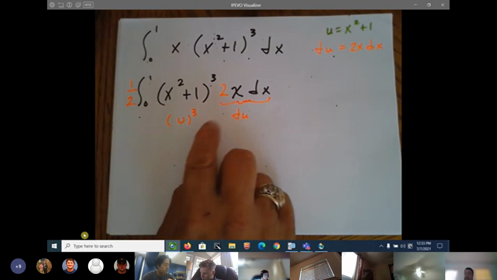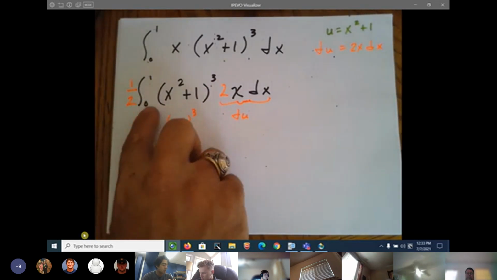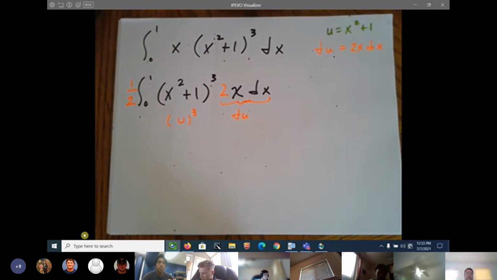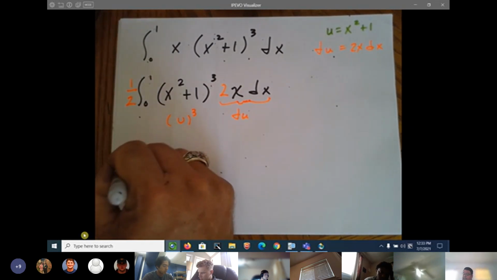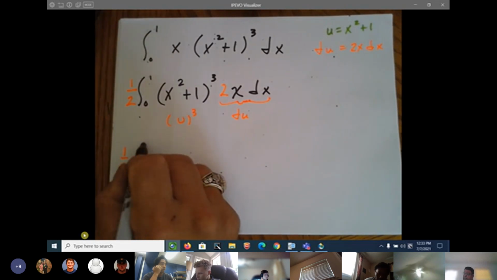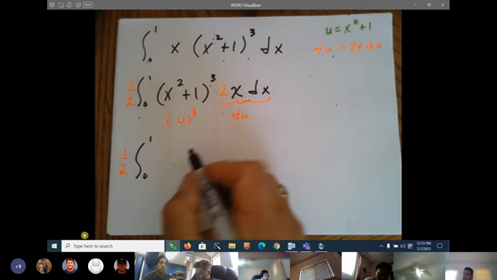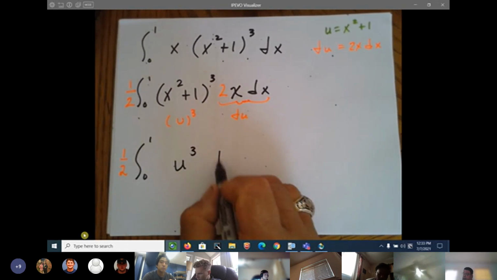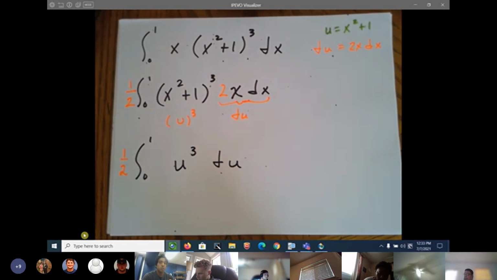I think we've done one like this, but I don't think we had parameters with it. Either way, it's more practice. So 1/2 antiderivative from 0 to 1 of u to the third power du.